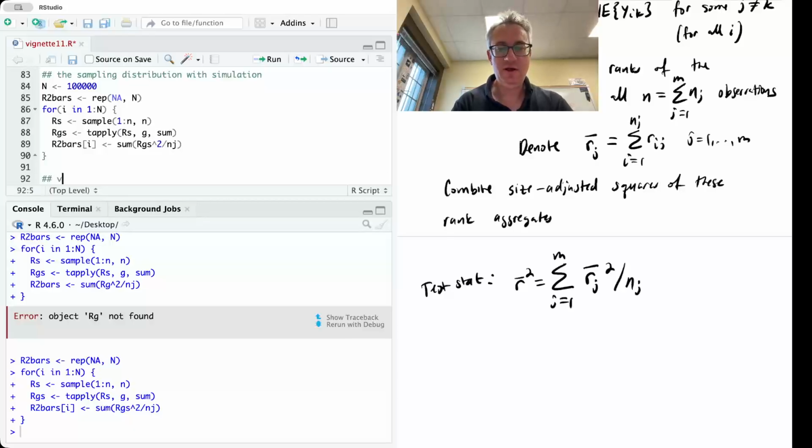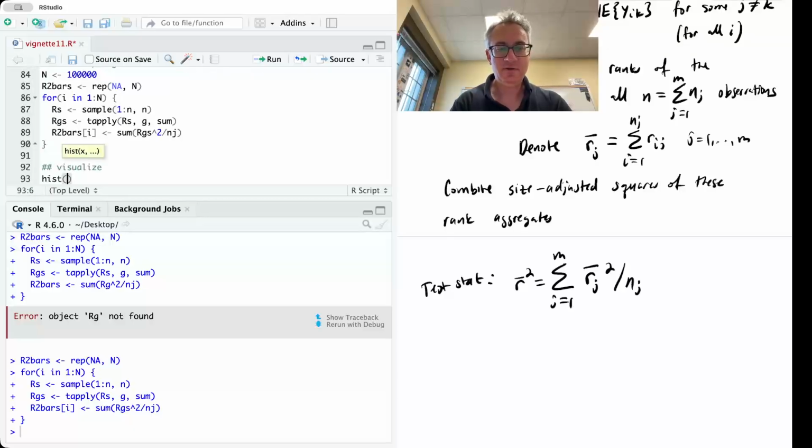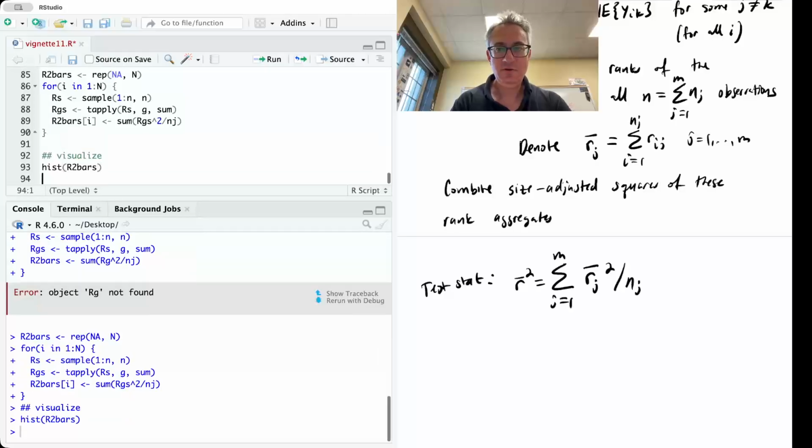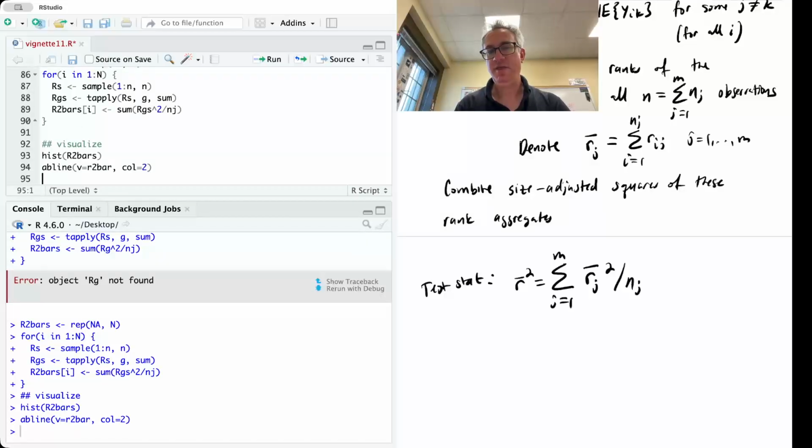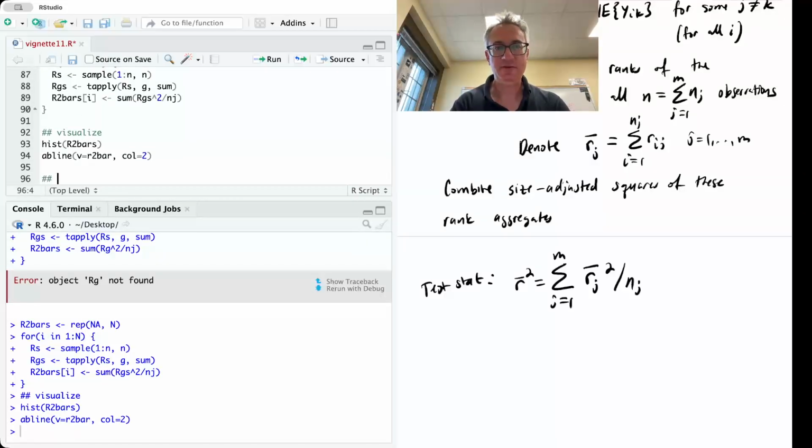We can visualize histogram R2 bars. Okay, so there that is. And then abline v equals R2 bar, all equals 2. I think we're going to reject this hypothesis.